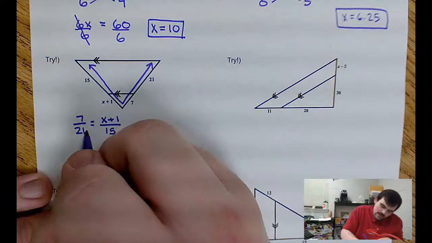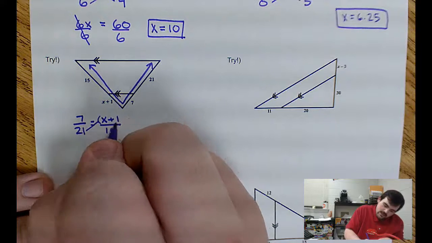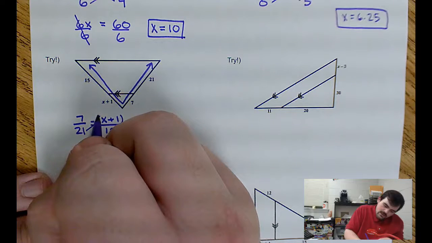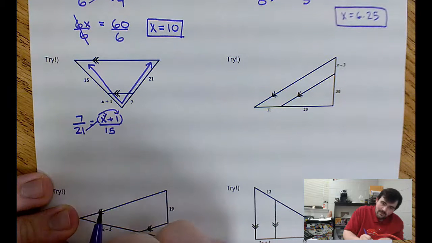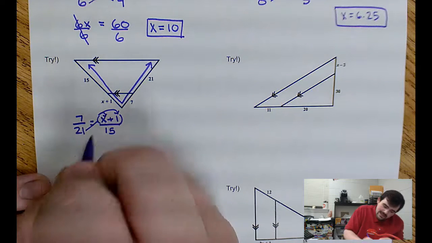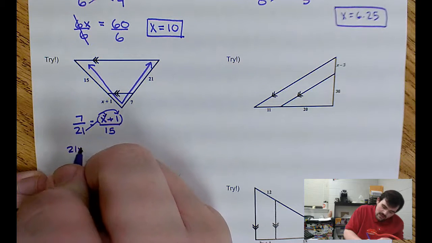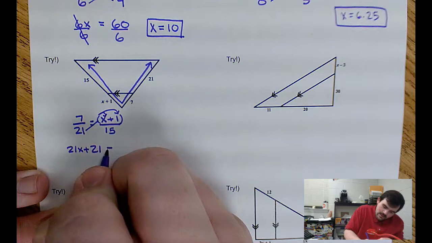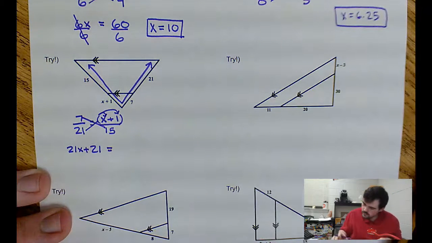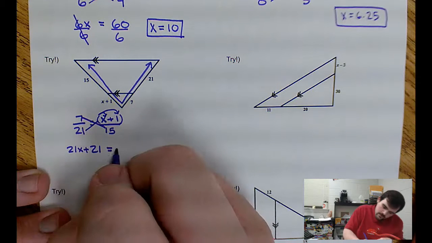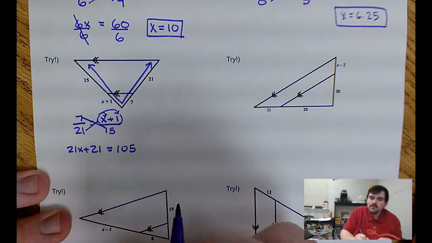When you cross multiply 21 to x plus 1, there's an understood set of parentheses around here, meaning you've got to distribute 21 to x and 21 to 1. So 21 times x plus 1 gives you 21x plus 21 equals 7 times 15, which is 105. So if you don't distribute that, you're going to be lost.